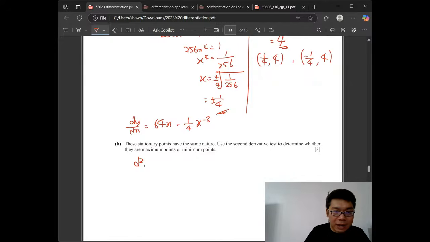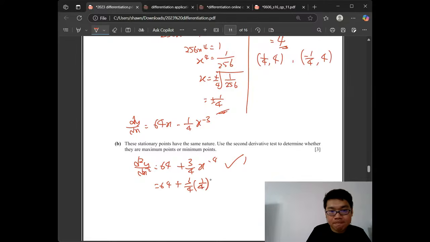Then the d2y/dx squared. Okay, so make sure you show this, you gain 1 mark. And then since they already tell you both of the turning points have the same value, that's why you just do it this way, and then key in the calculator.